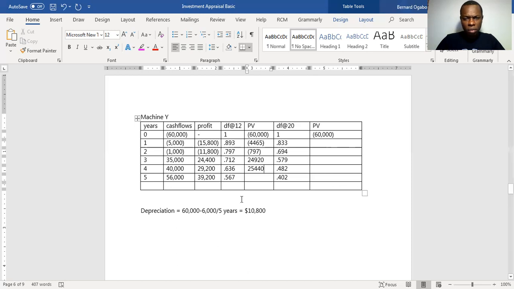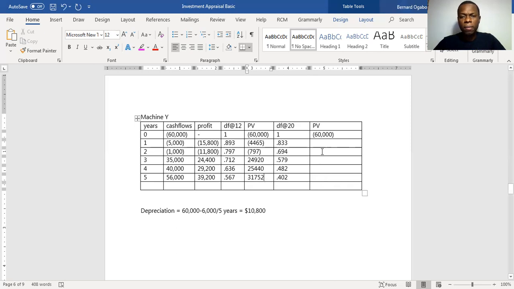Then we have 56,000, that is 50,000 plus the 6,000 residual value, multiplied by 0.567. That gives us 31,752.